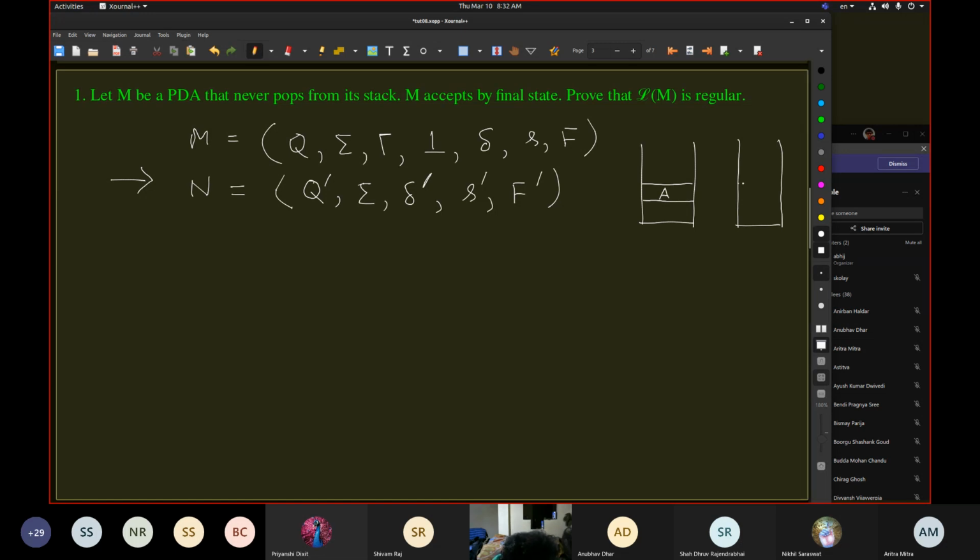Maybe I didn't write it clearly. Something new appears here. It may be that this A is replaced by something, but the stack size never decreases. So that is what I meant by never pops from the stack. Okay. So then I will have some symbol B on the top of the stack, and the next transition will be governed by this B and the new state and whatever it is consuming from the input.